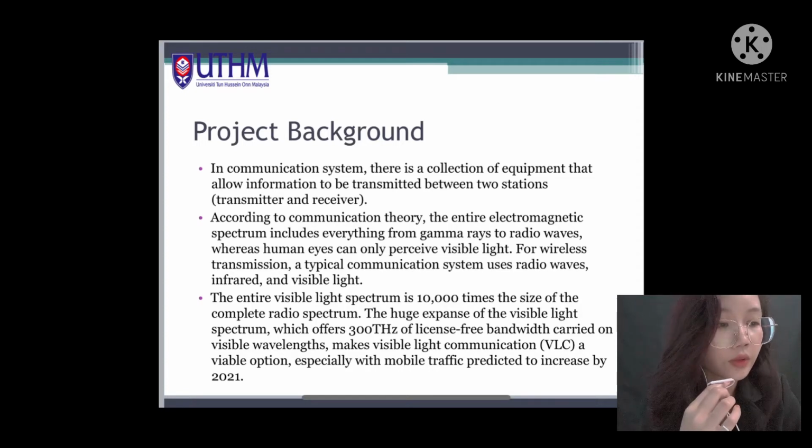According to communication theory, the electromagnetic spectrum includes everything from gamma rays to radio waves, where human eyes can only perceive visible light. For wireless transmission, a typical communication system uses radio wave, infrared, and visible light.